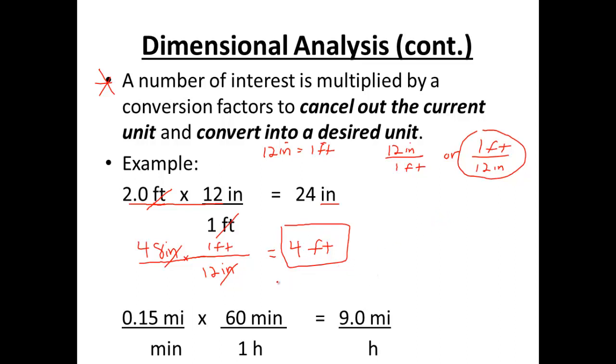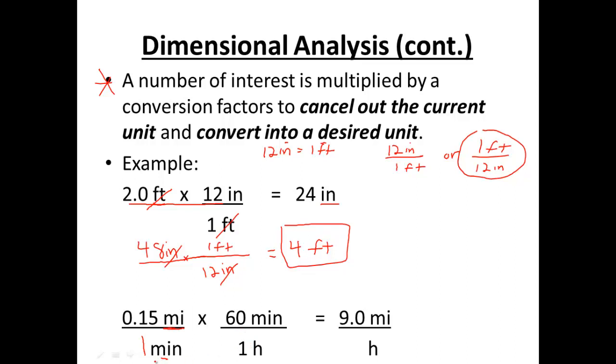Now, another setup is if we had a unit like miles per hour or miles per minute, where we have information on the top and information on the bottom, or numerator and denominator. So 0.15 miles over, say, 1 minute. If we wanted to convert the factor and change minutes into, say, hours, 60 minutes equals 1 hour.